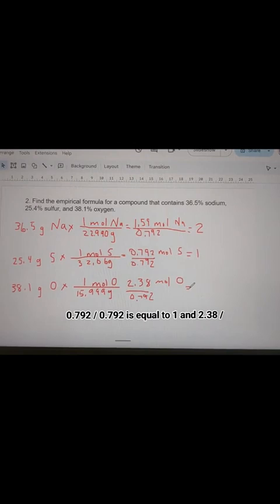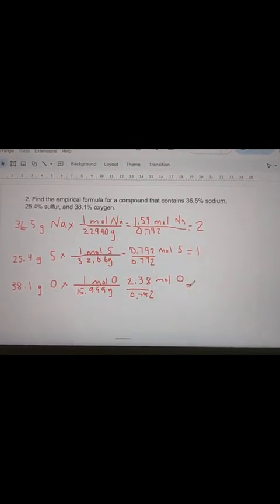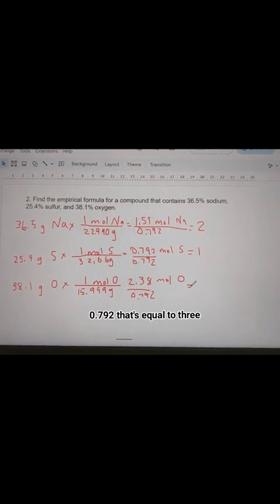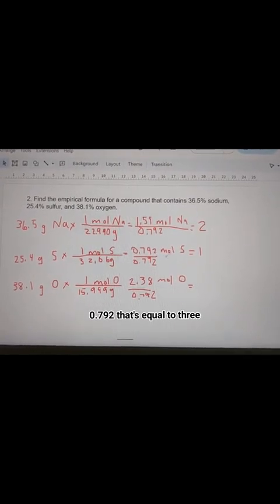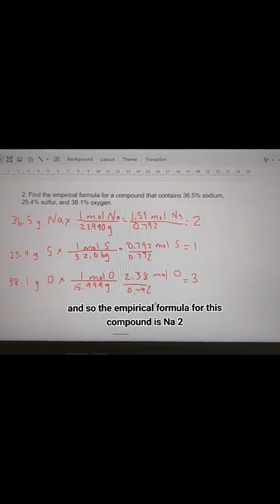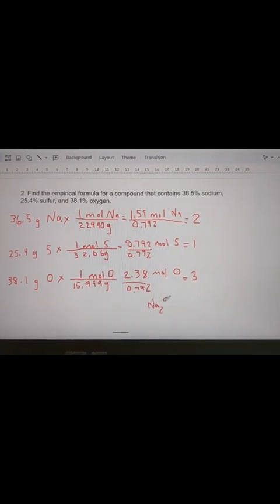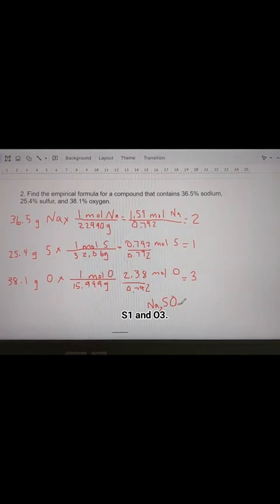And 2.38 divided by 0.792, that's equal to 3. And so the empirical formula for this compound is Na2S1O3.